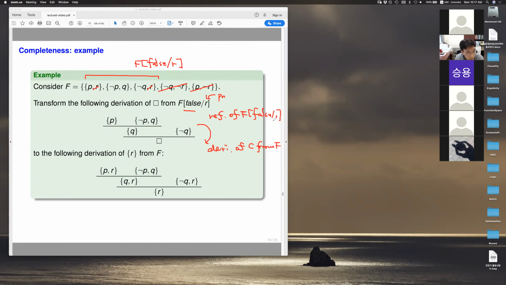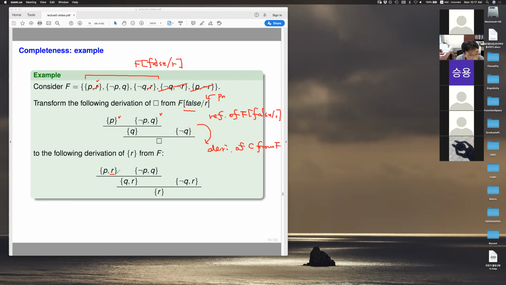Okay. Because this one is an assumption originally from F, we don't do anything here. But for this one, it's actually coming from P together with R. So we restore R by plugging it there.